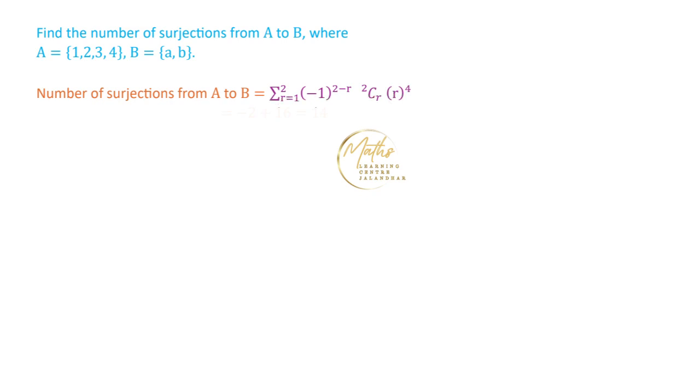If we substitute the values for r equal to 1 and r equal to 2, the answer we obtain is minus 2 plus 16, which is 14. So we have directly substituted the values in this formula to obtain that the number of surjections from set A to B is 14.